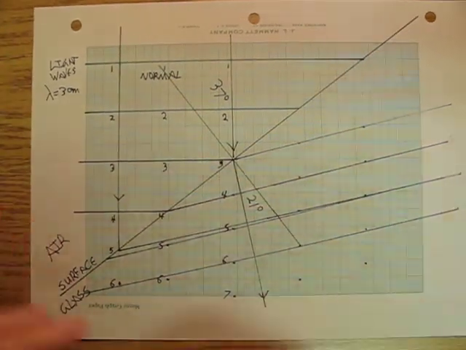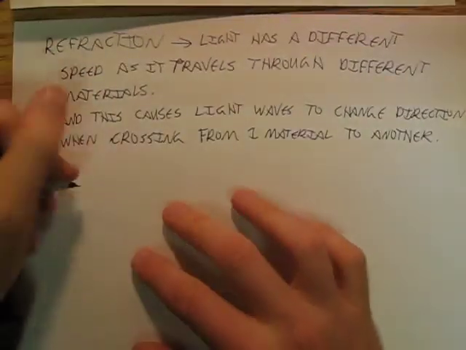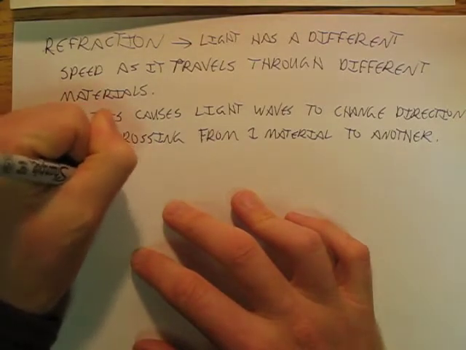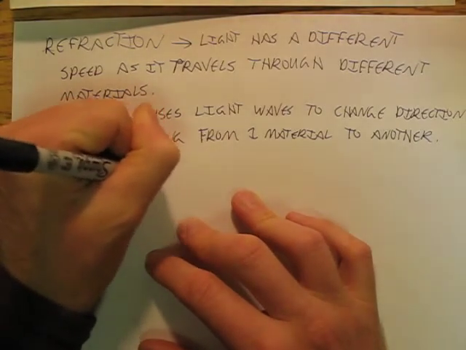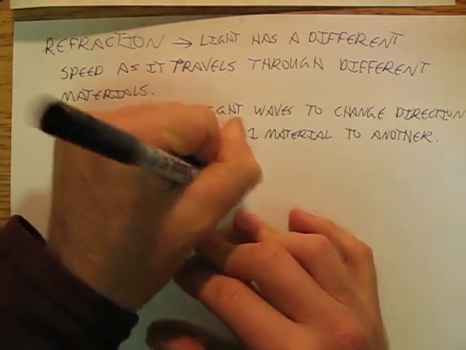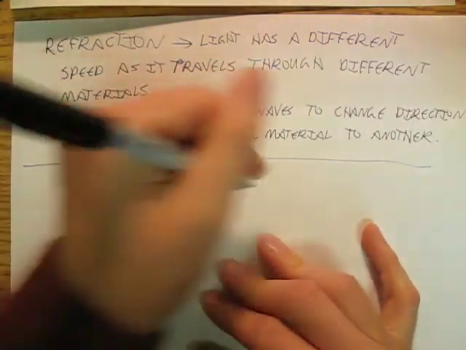And so then what I have is a very quick look at Snell's law. I have n1 sine theta 1 is equal to n2 sine theta 2, and I'm just throwing this out here right now, but we're going to talk a lot about this.